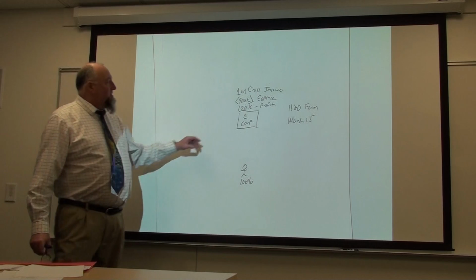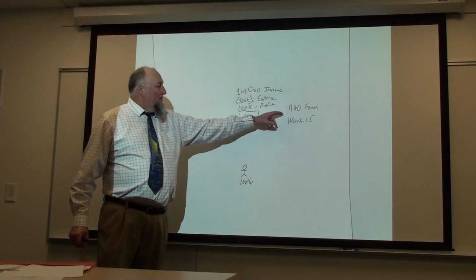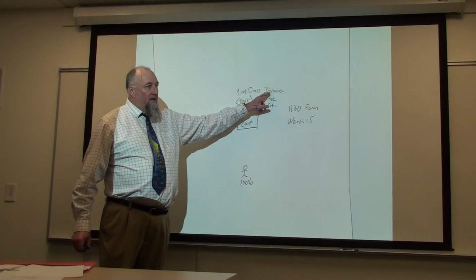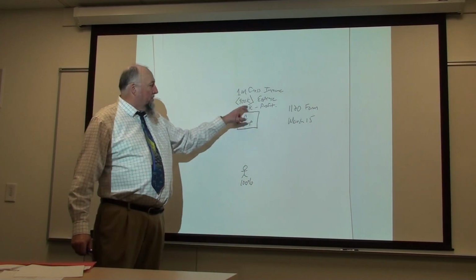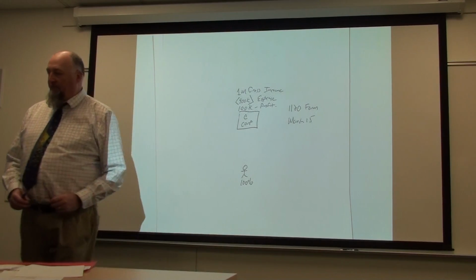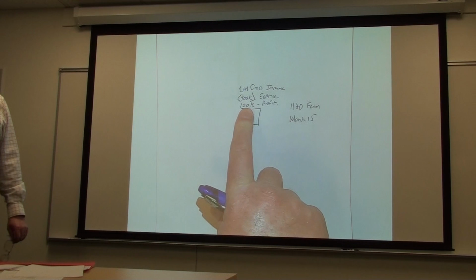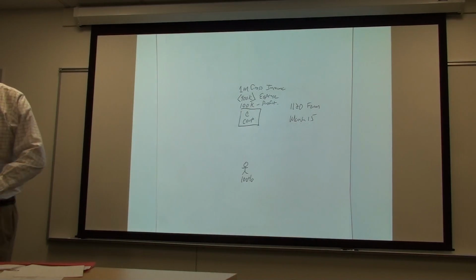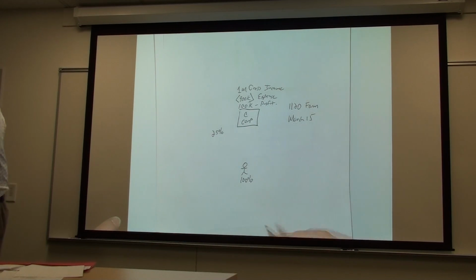So the idea is the corporation will file the tax return, report the income of $1 million, will report the expense of $900,000, and will report the $100,000 of profit. So the corporation will have to pay tax on that $100,000 of profit. So let's assume it's a 25% corporate tax rate.